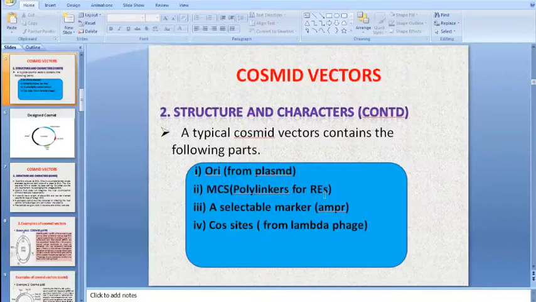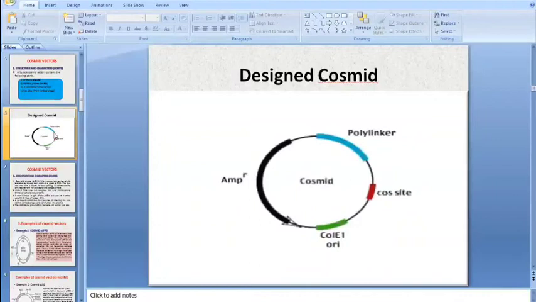Number 2, MCS, multiple cloning sites, also called polylinkers, the site for the restriction enzymes. Number 3, at least one selectable marker, that may be AmpR, the ampicillin resistance marker. And fourth one is the cos sites. The cos sites are derived from the lambda bacteriophage virus. You can see the picture over here.